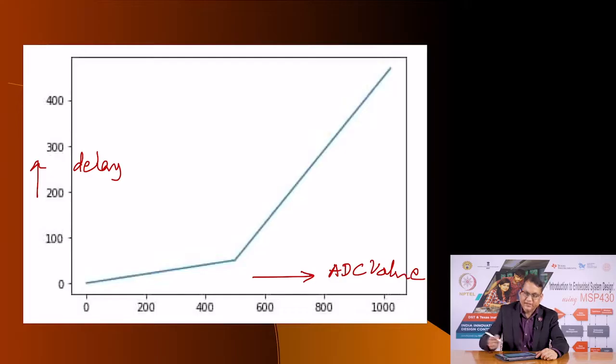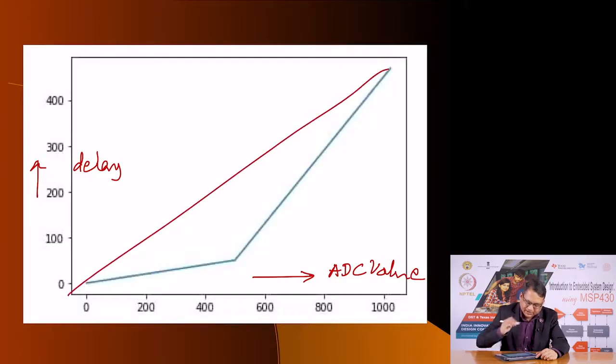Now, if this was a linear relationship, you would actually see a straight line up to 1023. But what we did was, we said if the value of the ADC is less than 500, then the actual value of delay is the value of the ADC into 10% of that value.